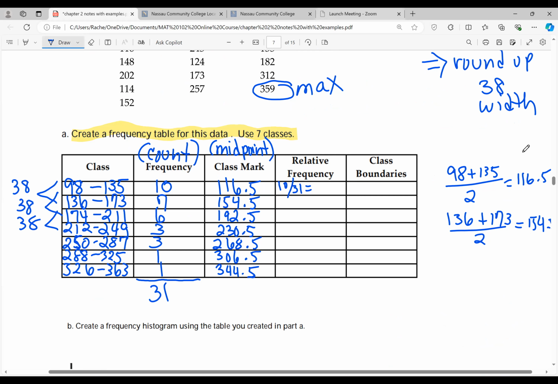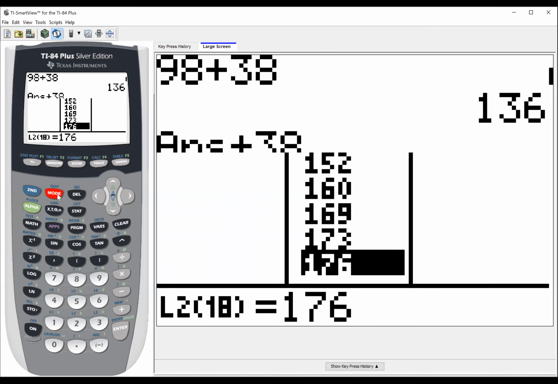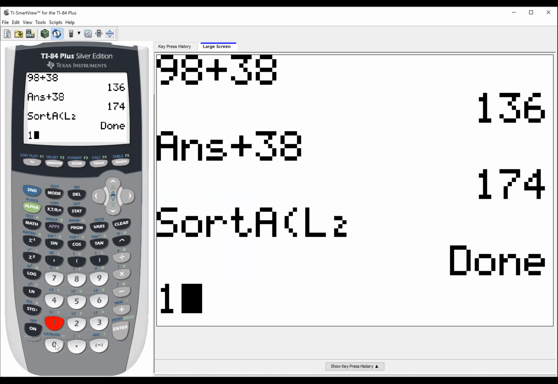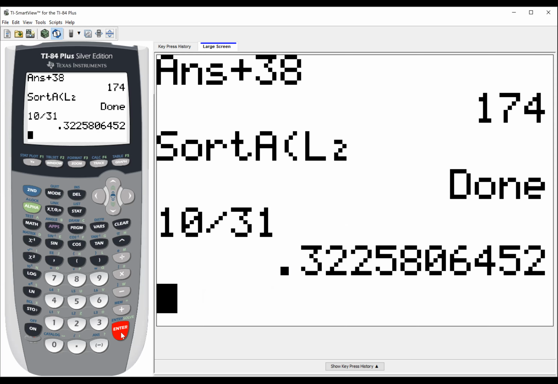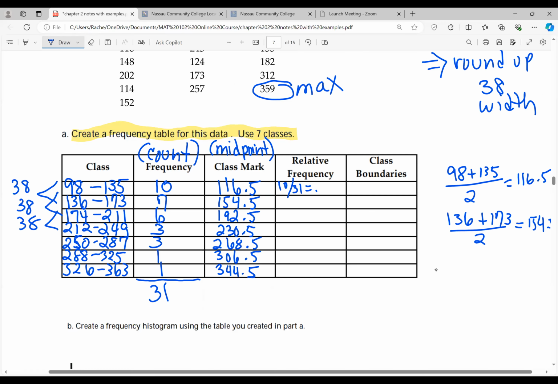So we'll do the first one together. If I take 10 and divide by 31, rounding to 2 places, that's about 0.32. So the first relative frequency is 0.32. The next relative frequency is going to be 7 out of 31, and if we plug that in the calculator, we get about 0.23 to 2 places.